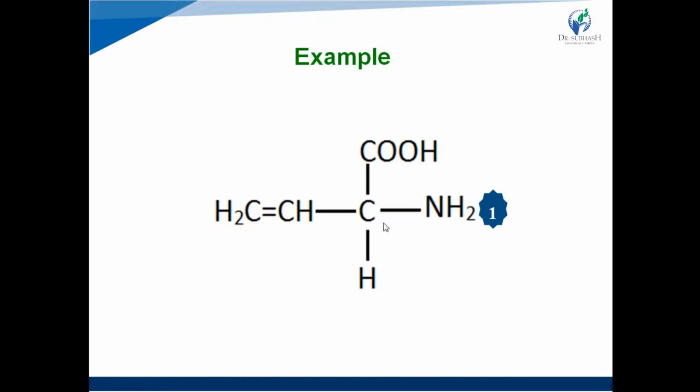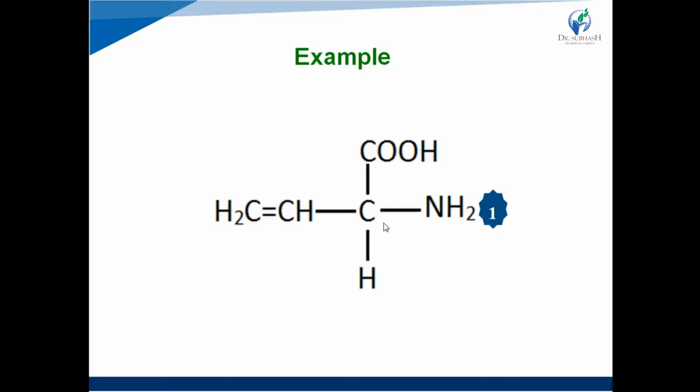Hydrogen receives 4th priority as we know. So the competition is between 1 nitrogen and 2 carbon atoms. Carbon has atomic number 6 and nitrogen has atomic number 7. That's why nitrogen receives first priority, right? And now between these 2 groups, the carboxylic acid group and the vinyl group, the competition is going on.